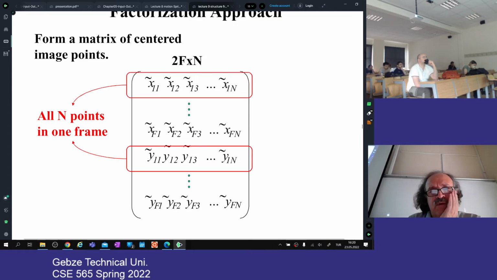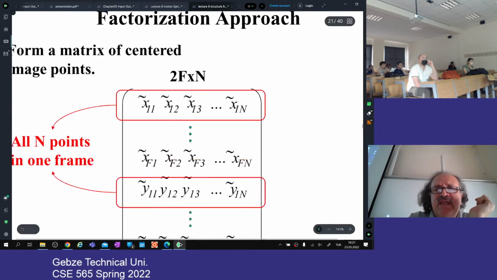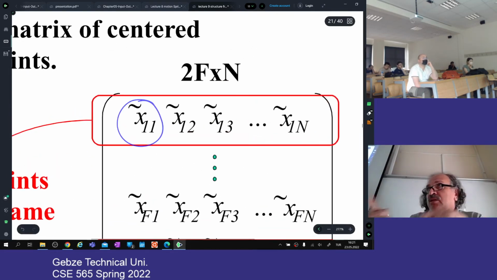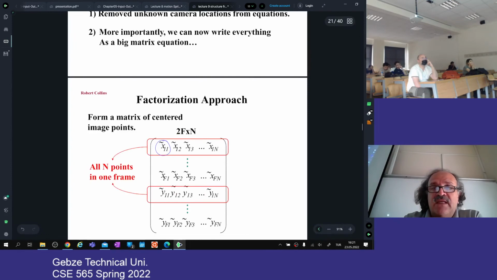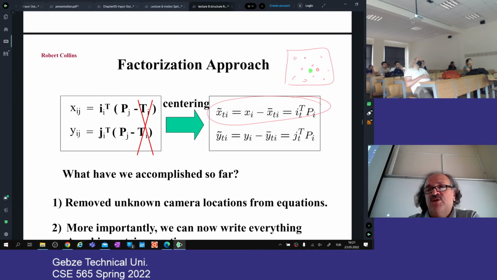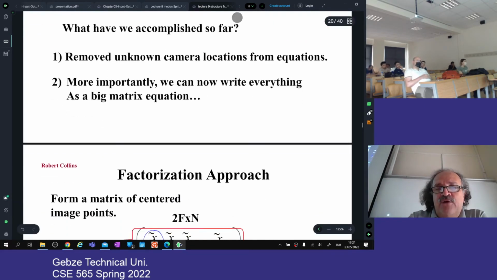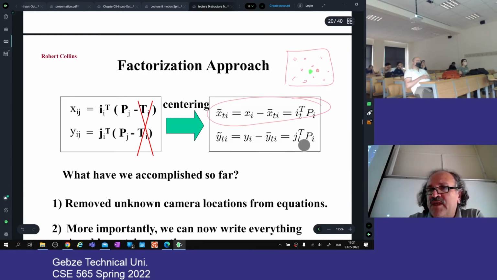So, good. The interesting thing is, for each x11, x12, these are the what? Why are there tildes? These are not my original image locations. These are the image locations with this one. From each one, I subtracted the center of mass of that image. Okay, so these are modified image locations. So I get all these values, put this in a matrix, but I know that each one is a multiplication of these two values, right?